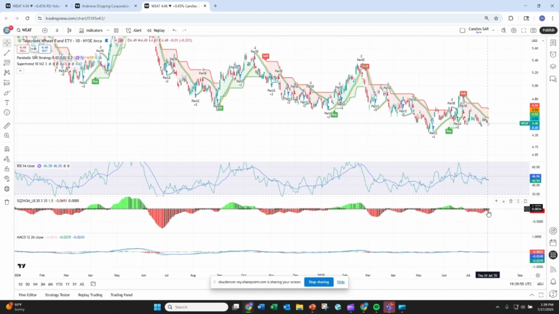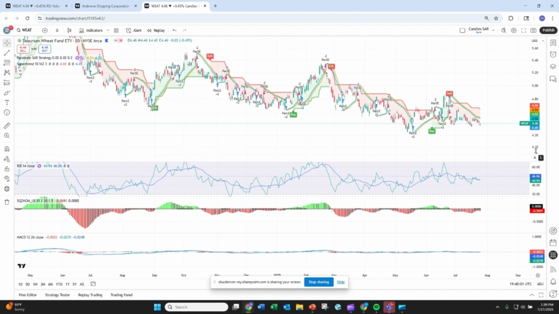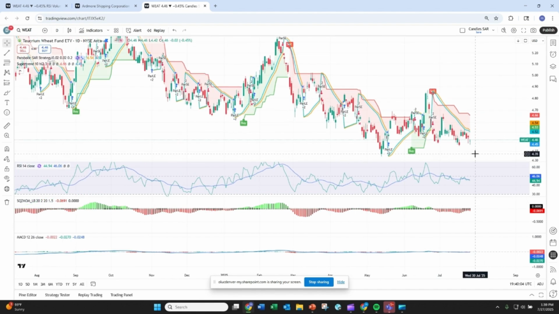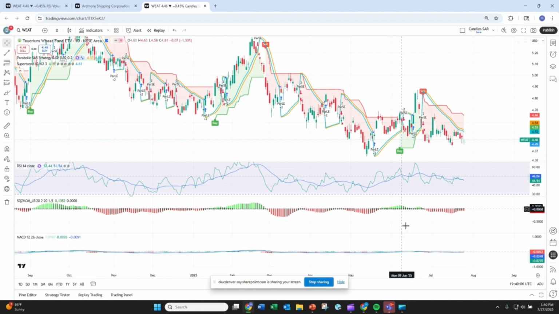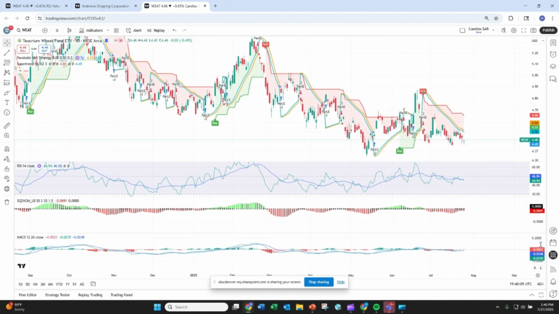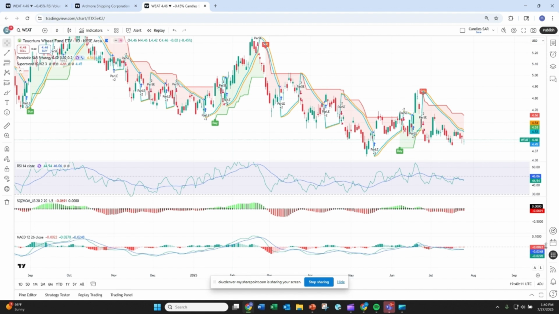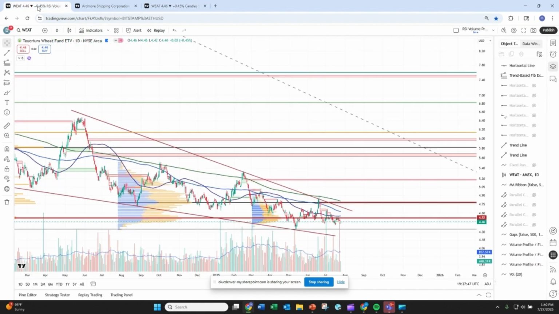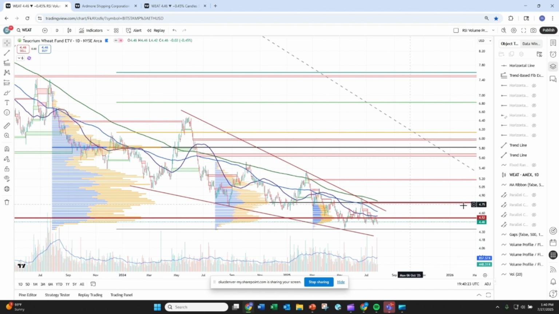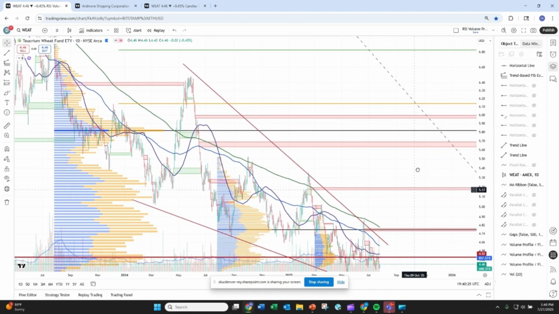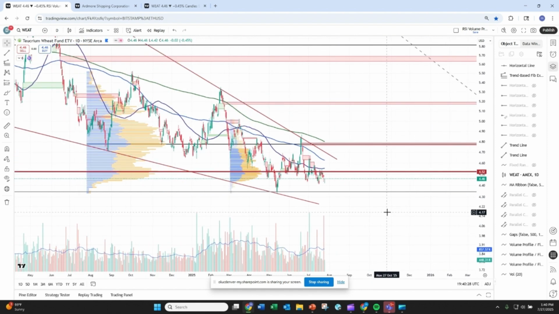It was headed up, and now it's got a little downturn, even though we got a nice tail on that candle. And our, again, MACD's a little down, but hopefully it's going to be going up. There's a lot of hope here, but I think this triangle tells you a lot.